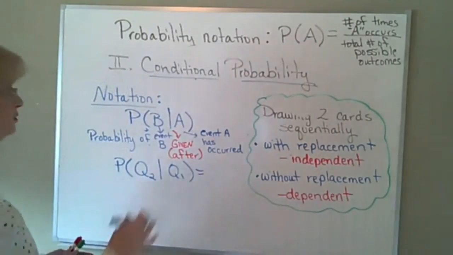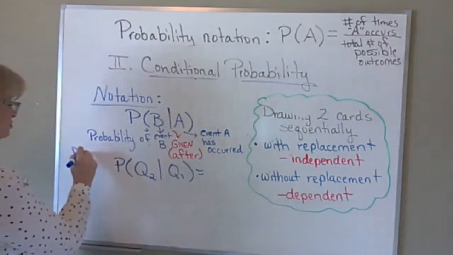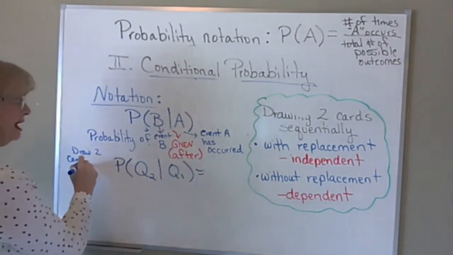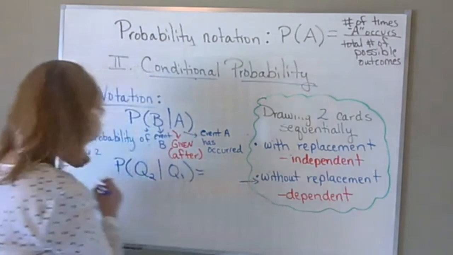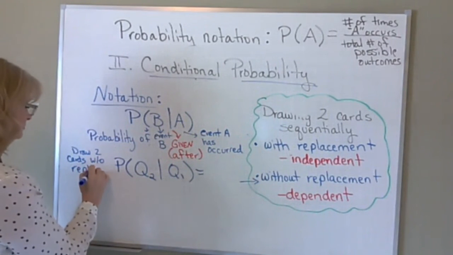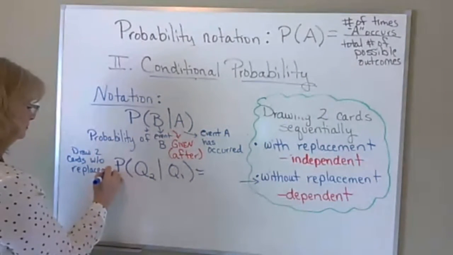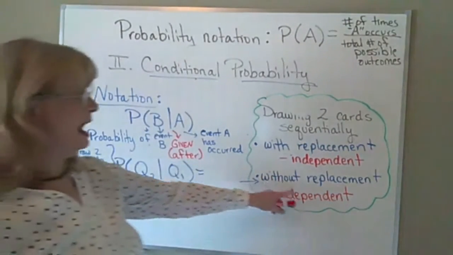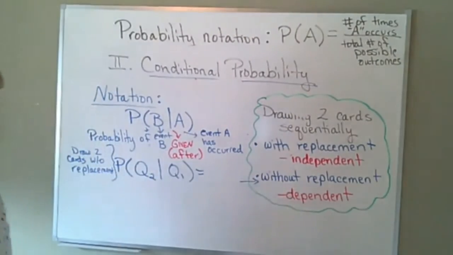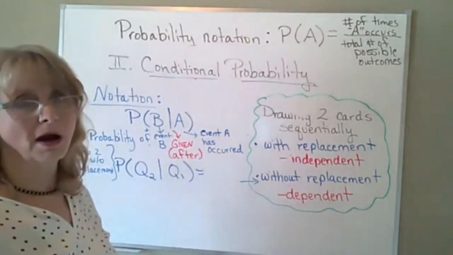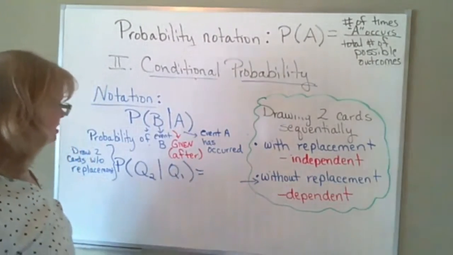And let's do this one without replacement. So we're drawing two cards without replacement. That means these are dependent events. That means what happened on the first draw is going to affect the probability on the second draw.